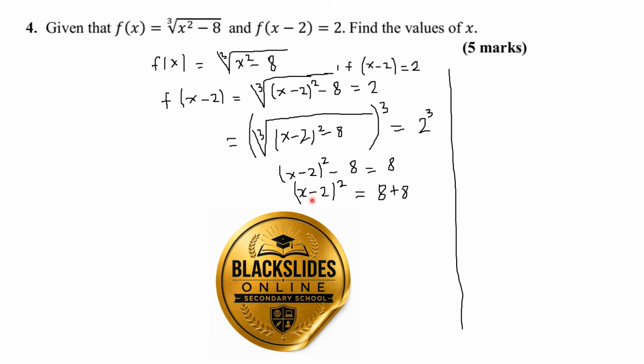So eventually what we're going to have, you will have x minus 2 power 2 being equal to 16.